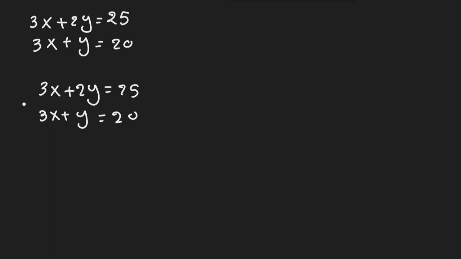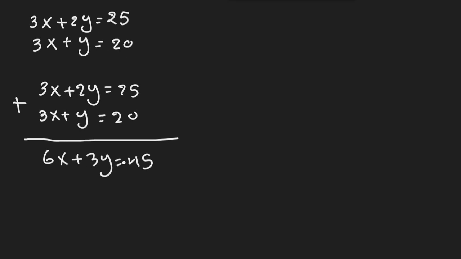In this question, if we add these two equations together, we cannot eliminate anything because both of them are positive. 3x and 3x is going to be 6x, plus 3y equal to 45.